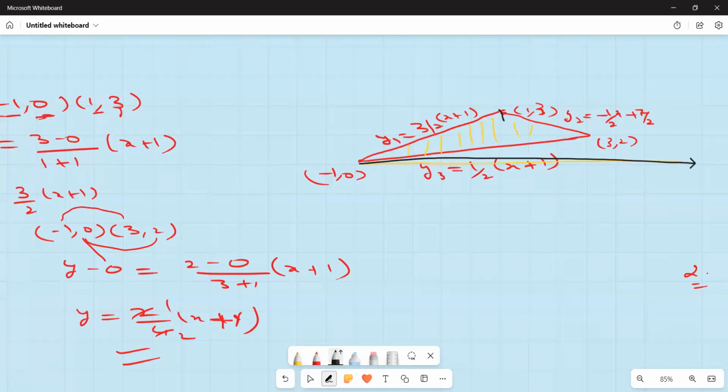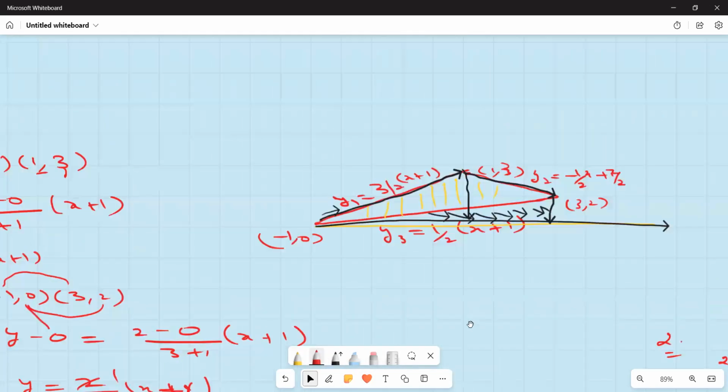If you draw the perpendicular from here to here and here to here, what will you see? That it is the area under this line y1 plus y2, and if you subtract the area under y3, you will get the area, na: y1 plus y2 minus y3. This question has come in one of the previous sets, so please check these questions.